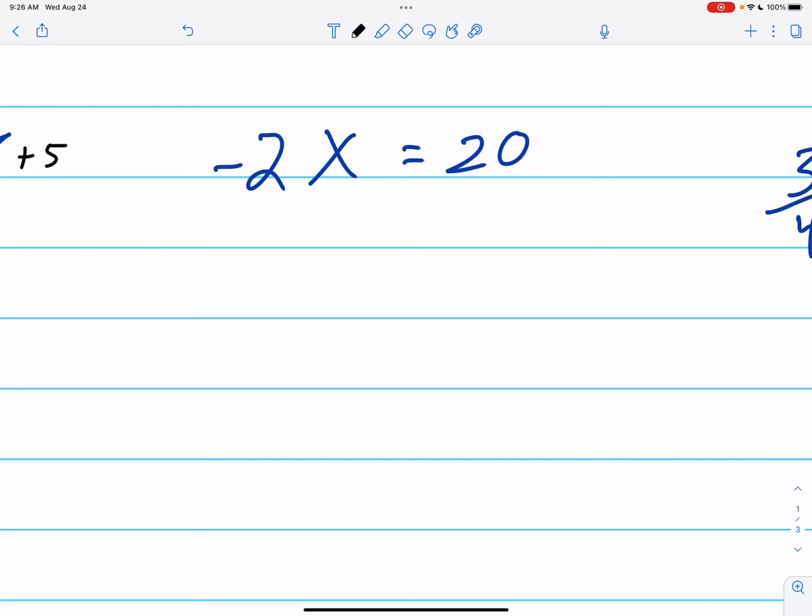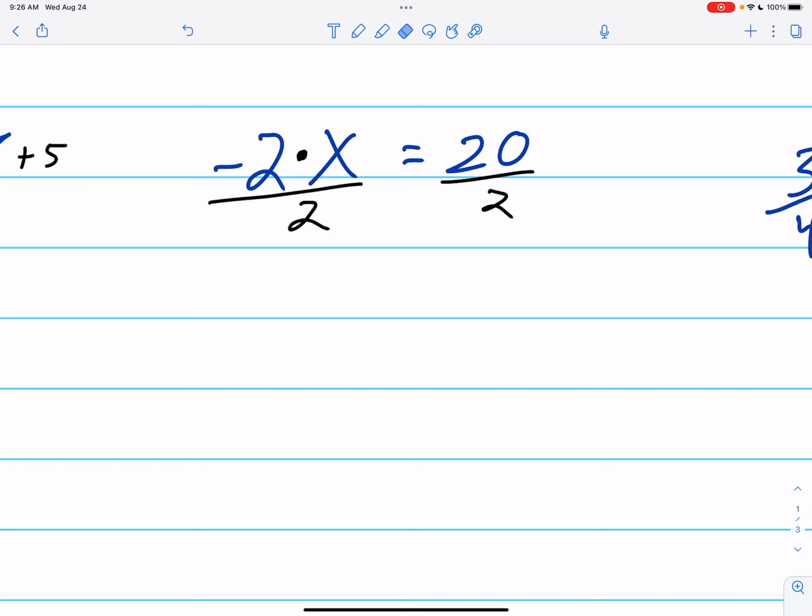That way I can undo it by doing the opposite. Well, when negative 2 or any number is sitting on top of a variable as such, it is implied to be multiplying. And the opposite of multiplication is division. So I can divide both sides by negative 2. The most common mistake students do here is they make a mistake and accidentally do that.